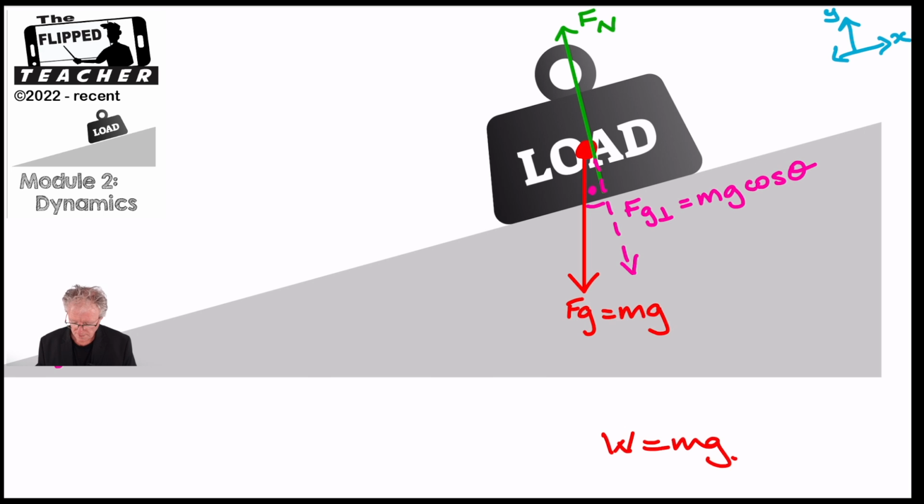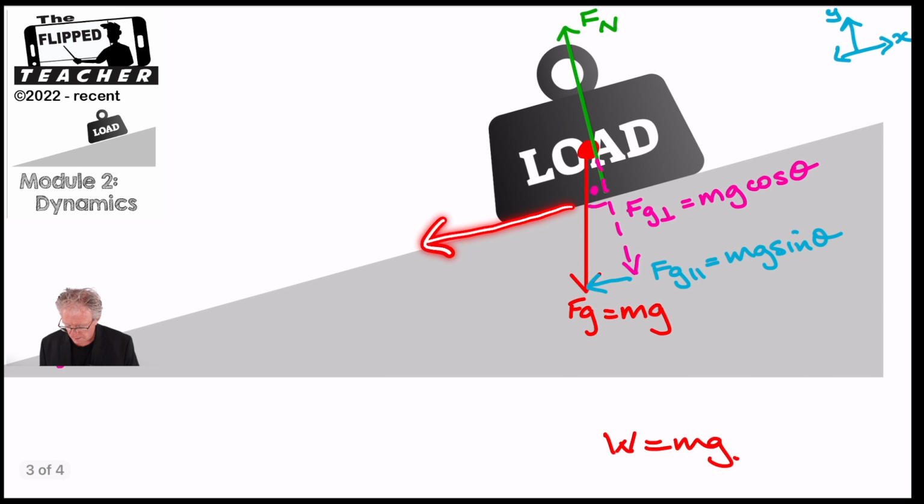Okay, right, and then of course if we just change our color again, we've got our blue force going that way, and that is Fg parallel, and that is mg sine theta. So we have our two components now of our weight force done, and of course now they're all acting in the correct direction here. So we've got the horizontal component of our weight force acting down the slope, but since it's not moving, it must therefore have a force going upwards, and of course that is the frictional force.